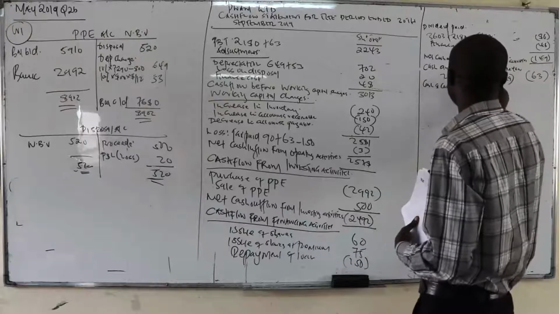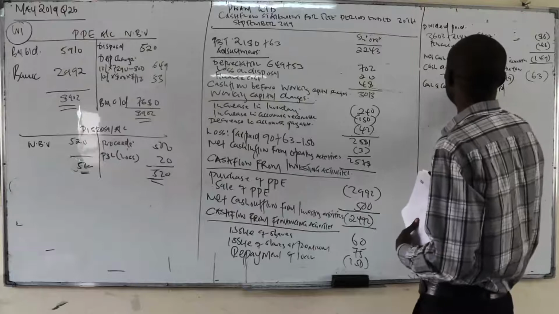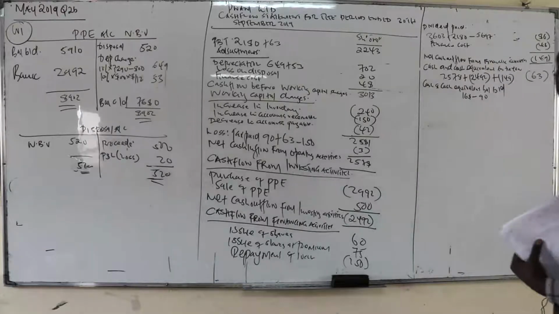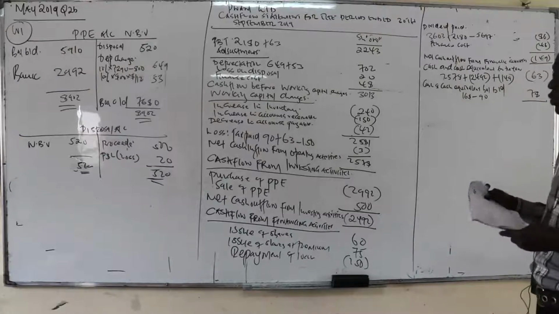Cash and cash equivalent balance brought down. This balance brought down is 168 minus 90, which is 78. So when you add minus 63, what do you get?